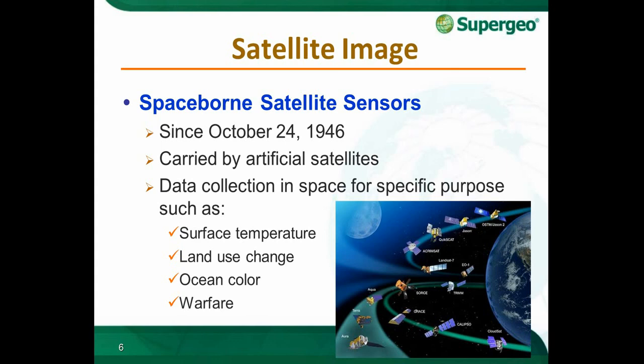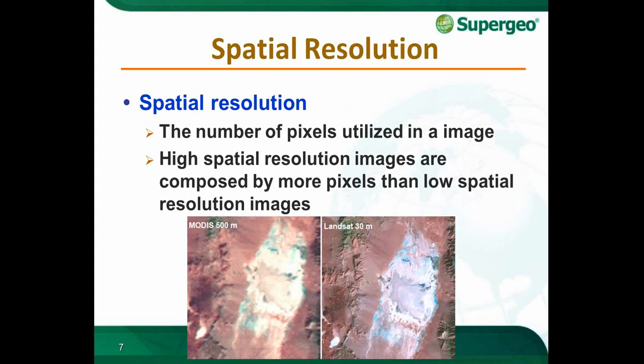So all the data collection is done in space, and could be used for specific purposes, such as surface temperature, land use change, finding out ocean color, or even military use like warfare. It is a very recent technology and very useful nowadays.